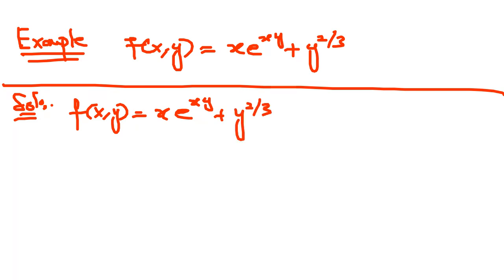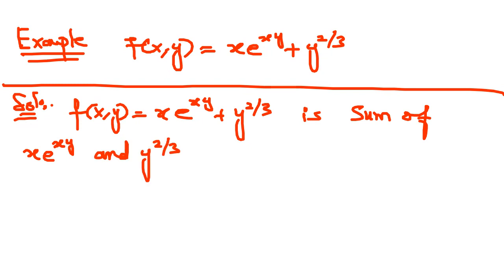Now, f of xy is the sum of two terms. This is the sum of x into e power xy and y power 2 over 3, right?